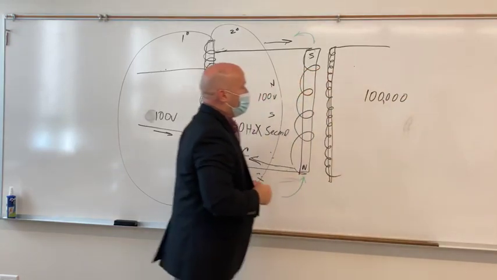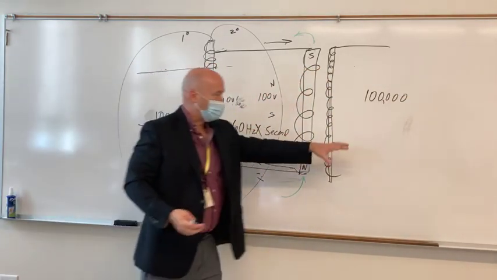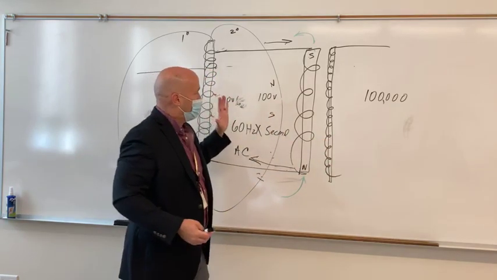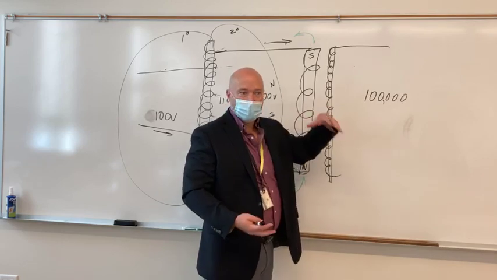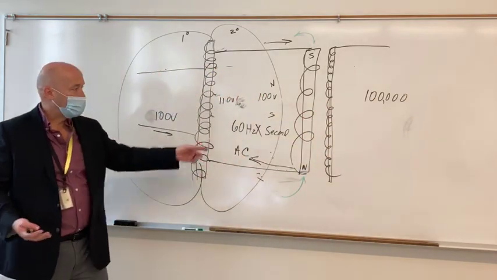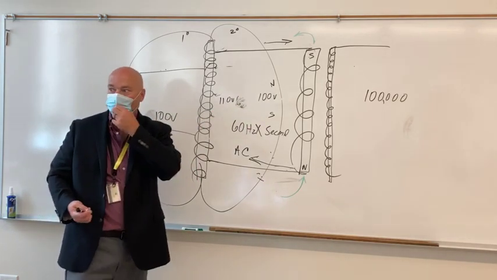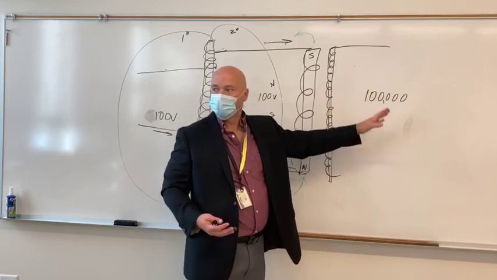So with a step-up transformer, what you get is a change in the magnitude of the voltage on the secondary side on the order of maybe 1,000 times higher than what you have on the primary side. So it takes the voltage and increases it to a ridiculous amount.